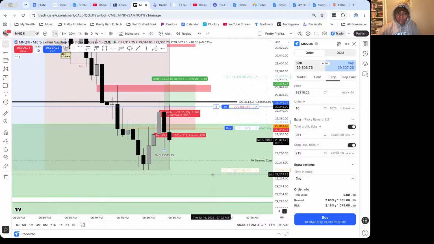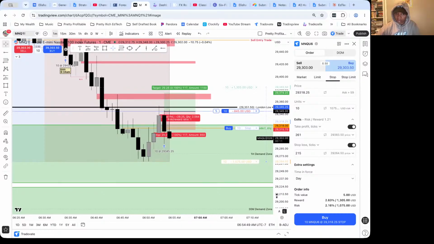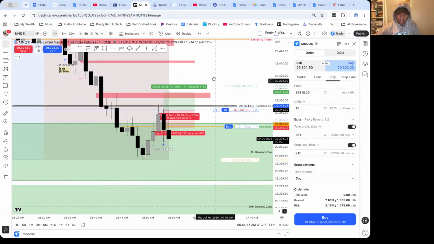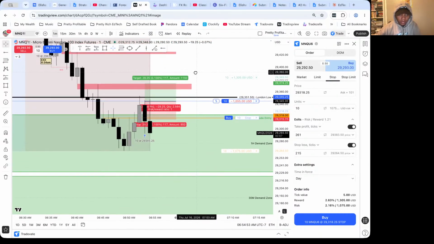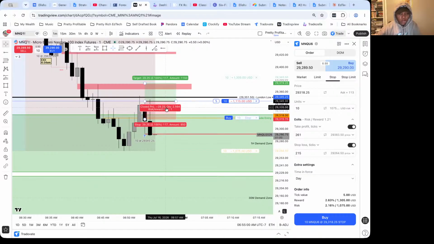Got a long wick. But we got two demand zones, so this makes me feel a little bit more confident. And this reward is, oh man.